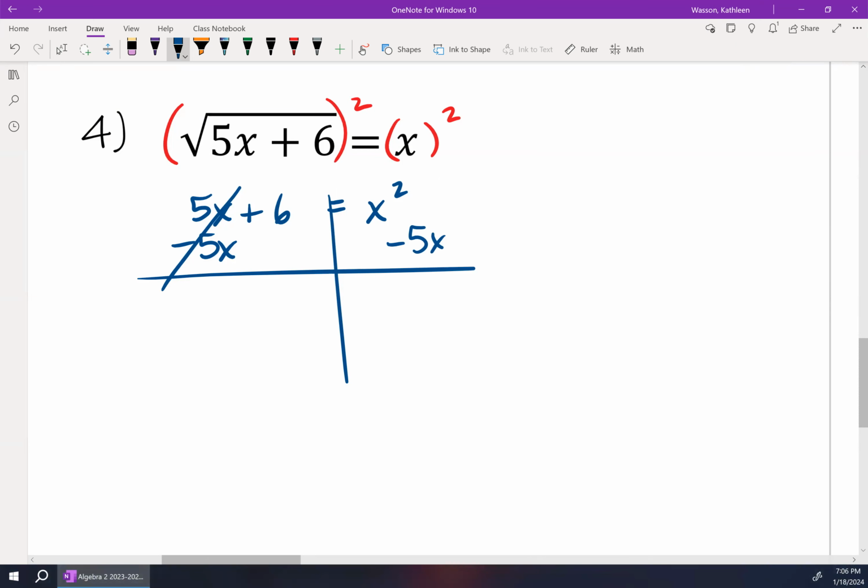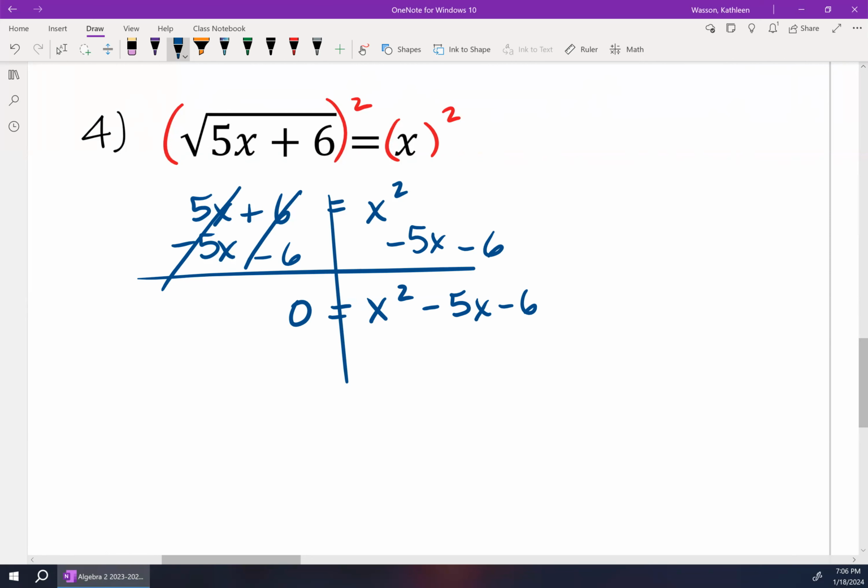It really doesn't matter if x squared is positive or not, but I like it better if it is. You are welcome to choose to move the x squared to the left. So there's nothing left on the left. The way I rearranged this is equal to x squared minus 5x minus 6.